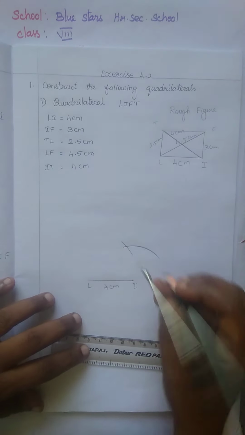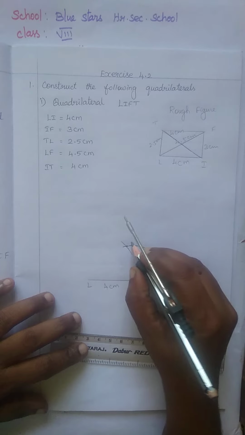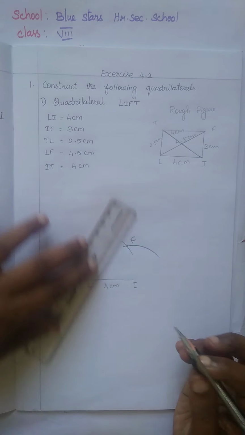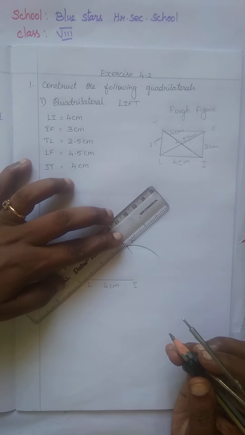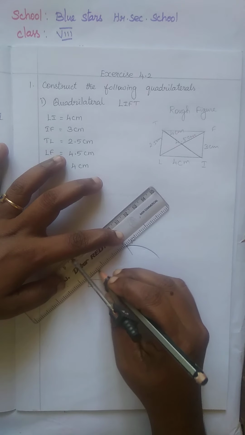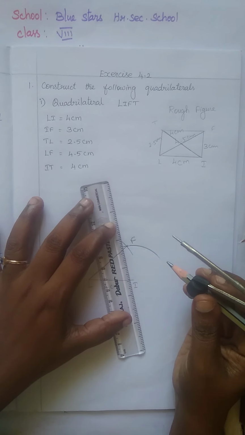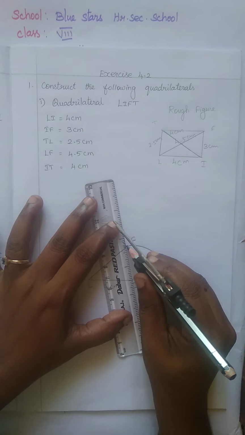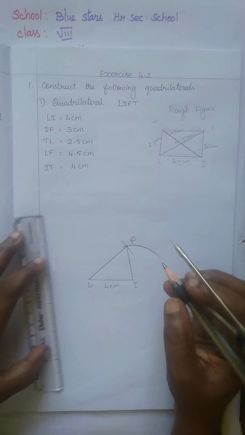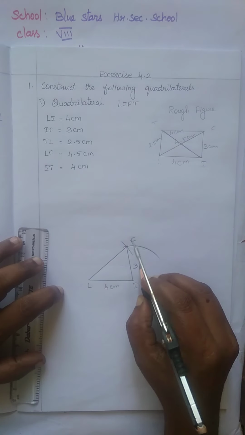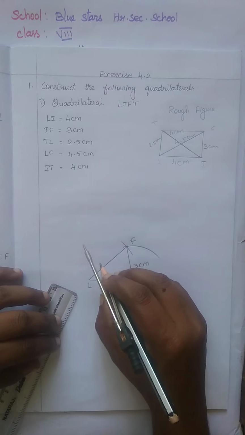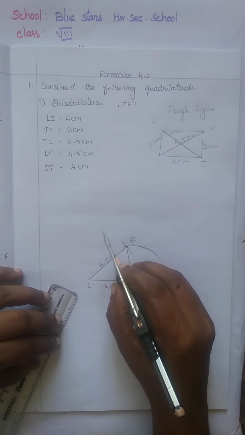This point is F. Now we join L, F and I, F. Write the lengths: this is 3 centimeter, this one is 4.5 centimeter.